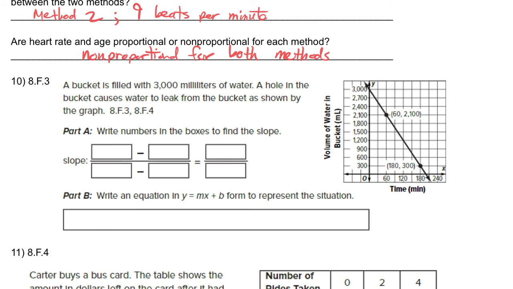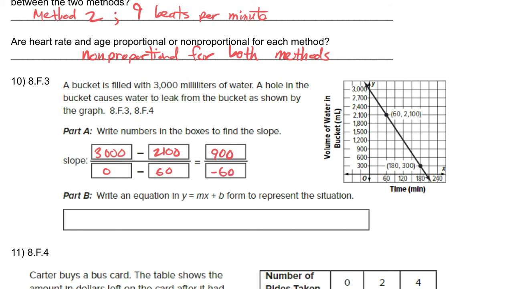I think what they're saying is 3,000, the change in y, minus 2,100. That's 900. And the change in x is 0 to 60. So that's negative 60.